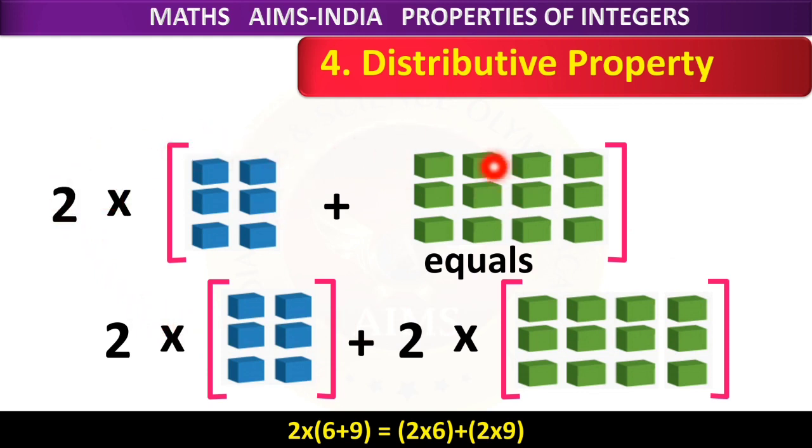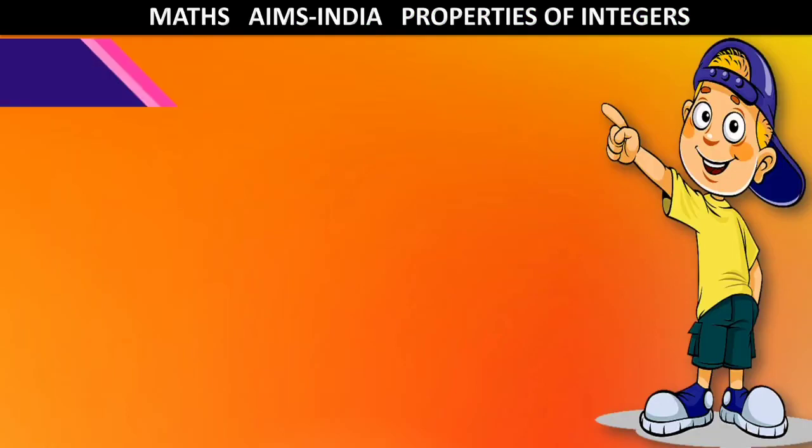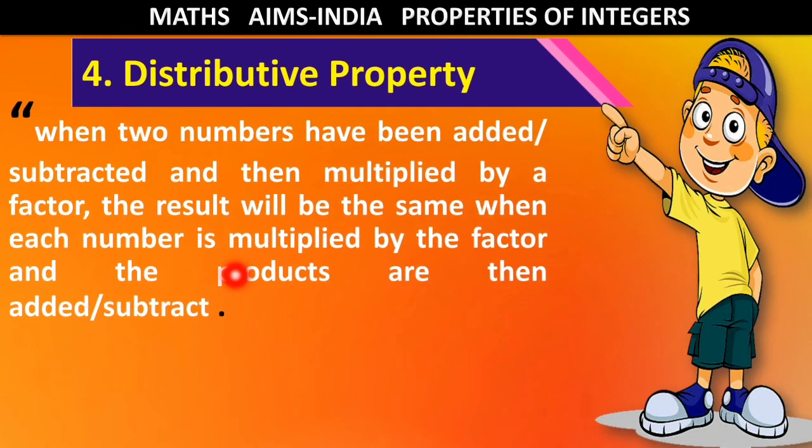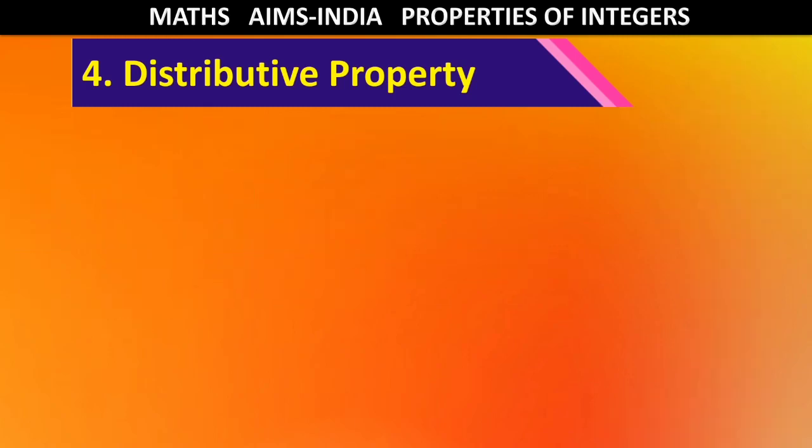I'll explain this with the help of an example. When two numbers have been added or subtracted and then multiplied by a factor, the result will be the same when each number is multiplied by the factor and the products are then added or subtracted. This sentence might feel a little bit complicated, but in actuality the meaning is quite simple.